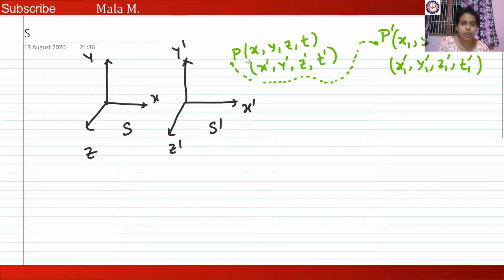Now if I want to find out the velocity of the particle which moves from P to P prime, what do I need? I need two things.